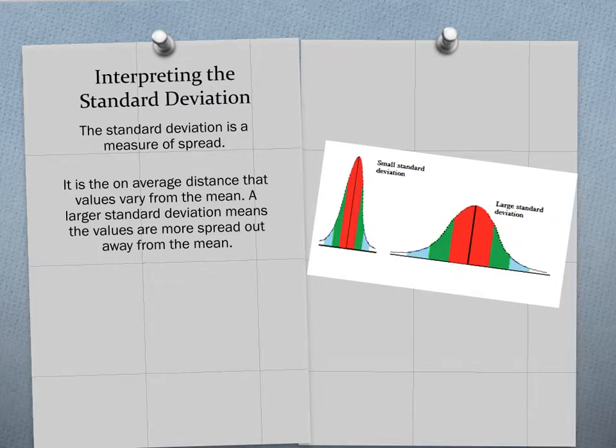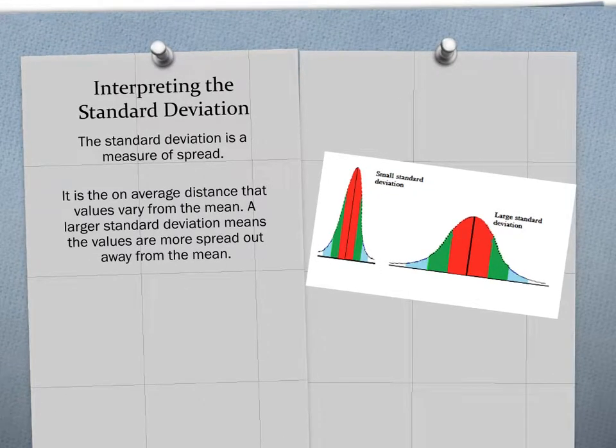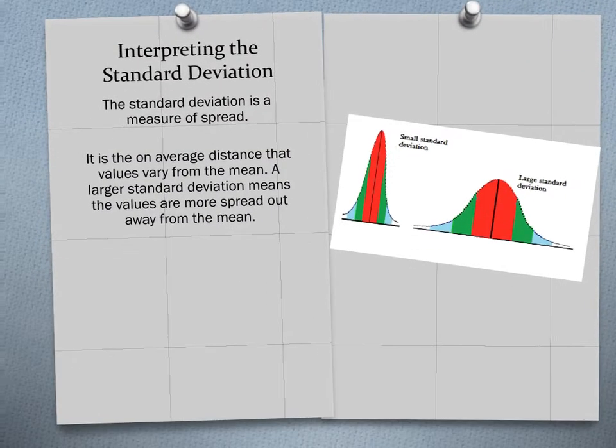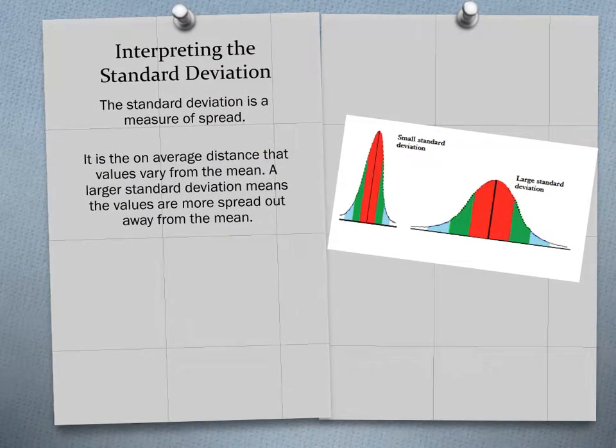And so when we try to interpret what this value means, s is equal to 1.883. We're going to interpret it in terms of the context of the problem. Remember, our unit of measurement was days. So this is 1.883 days.